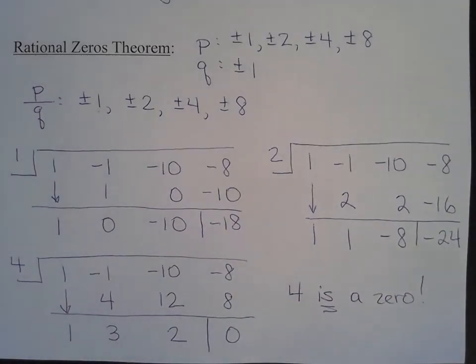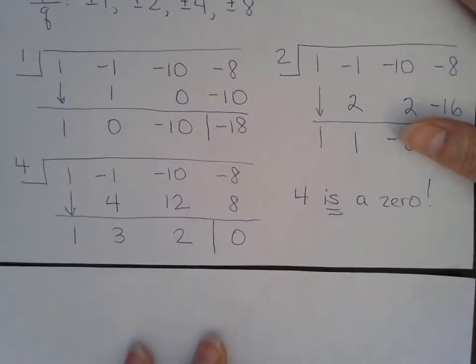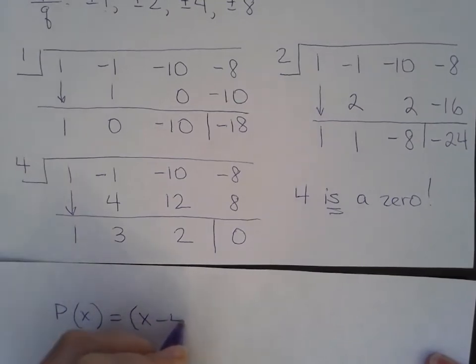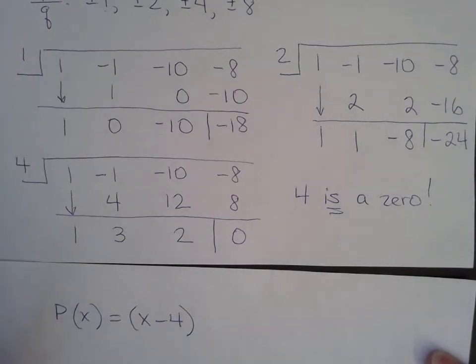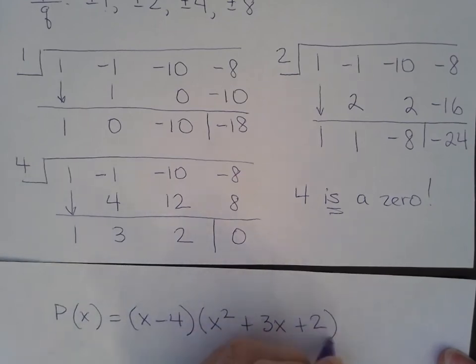Okay, if we wanted to wrap this up by factoring it, our P of x has a factor of x minus 4 because 4 is a zero. It was x cubed as the dominating term or the degree, so now we're going down by 1. So this would be x squared plus 3x plus 2.